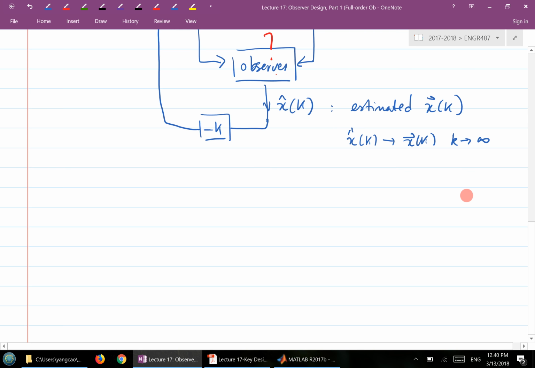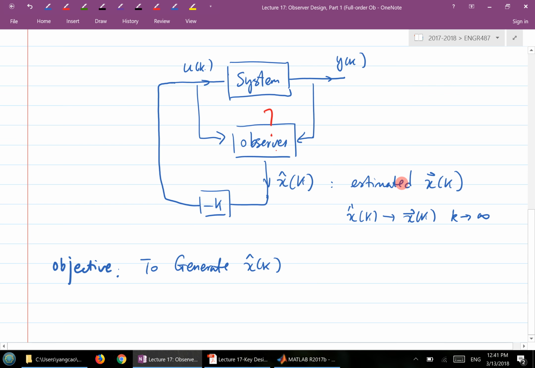Let's look at a little bit more formal definition here. Again, what we want to do is generate this x hat of k. Based on what? You look at this diagram here.